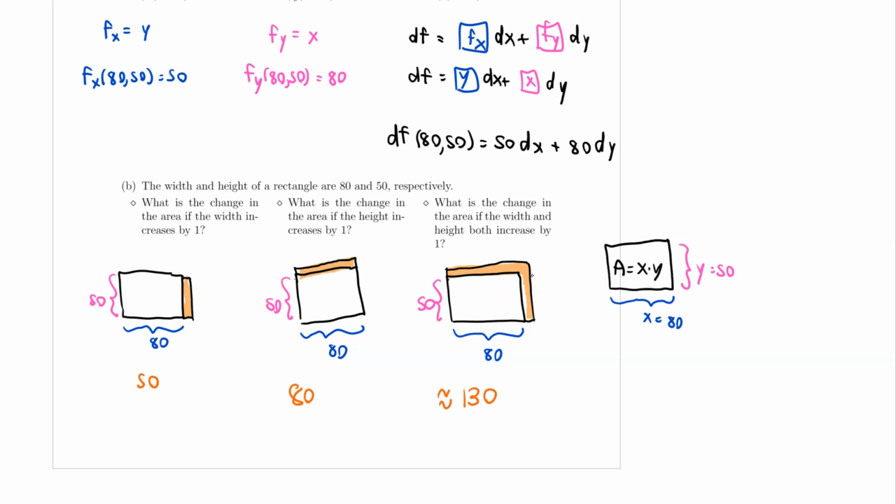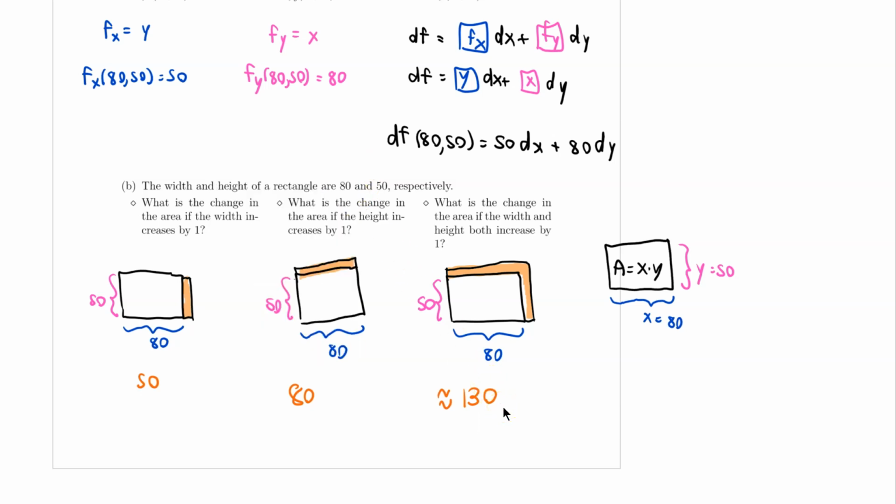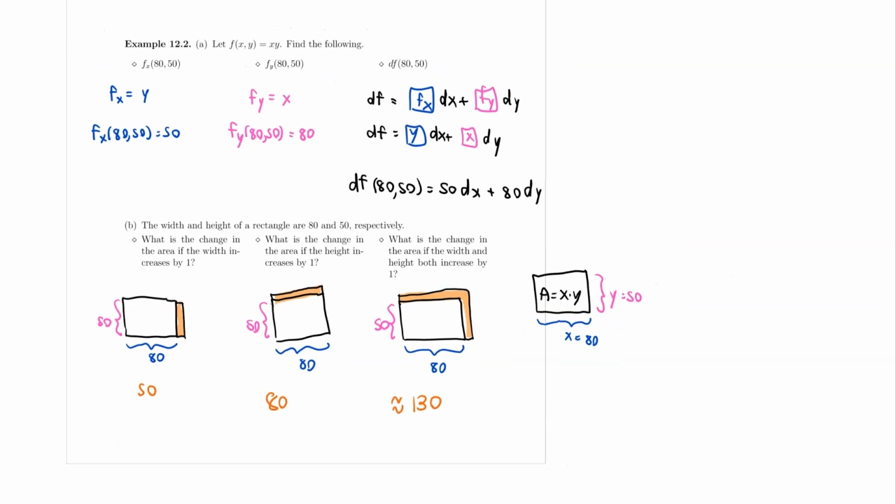Or if I want to do the math, I can just multiply 81 by 51, so I'm going to get 4131. So the area is actually going to go up by 131. So that's approximately 130. Notice that this 130 also corresponds to what we have from earlier.